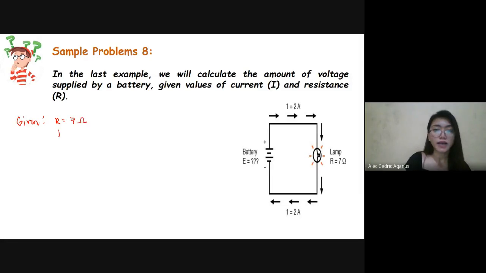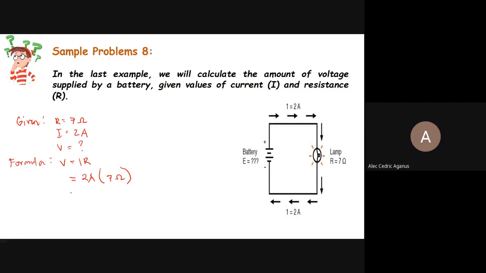I is equal to 2 amperes. So V this time. No need to derive, of course. We have V is equal to IR, substitute the given values. V is equal to 2 amperes times 7 ohms. So 7 times 2 is equal to 14 volts.